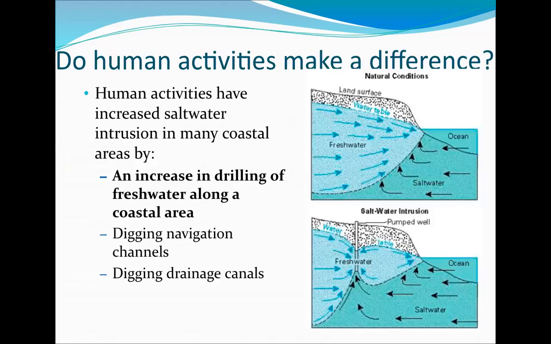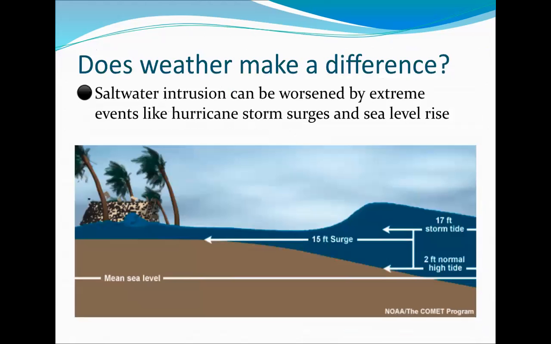So do human activities make a difference? Human activities have increased saltwater intrusion in many coastal areas, and this happens via an increase in drilling of freshwater along the coastal area, digging navigation channels, and also digging drainage canals. Sometimes we don't do as much good as we hope, huh?